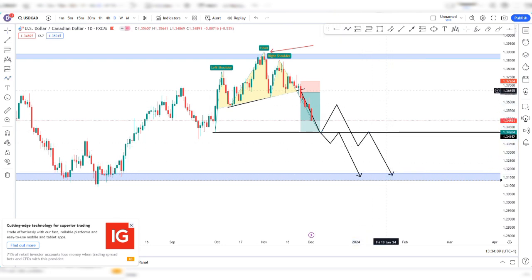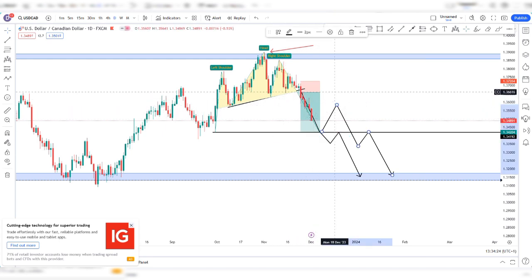But overall, from the weekly time frame, I am expecting price to continue to the downside into this 1.315 zone. Yeah, so that's what we're looking at, and currently I am in this sell trade, and I will take my profit at the 1.342 area.